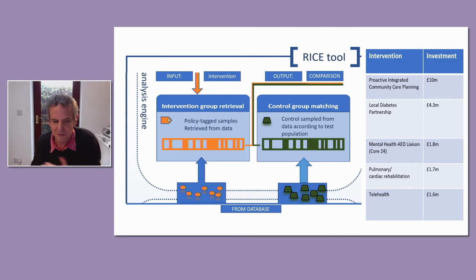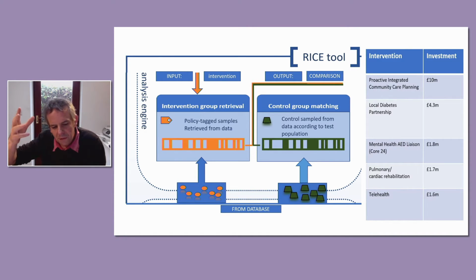So our best estimate is to compare outcomes in that intervention cohort to a group of people, members of the public, who are similar in all the ways that we can measure within the data. Obviously the intervention is not randomly allocated, so there are always going to be some differences between those groups that we can't measure that are a source of bias. We can try and minimize that bias, but we can probably never get rid of it completely.